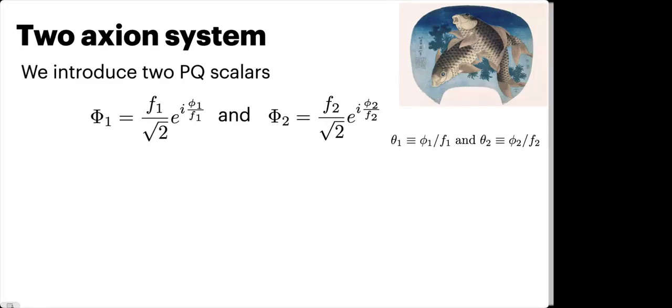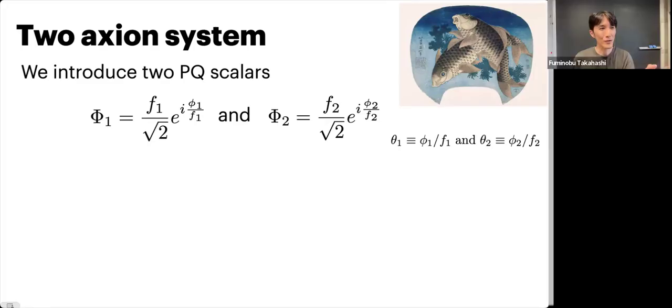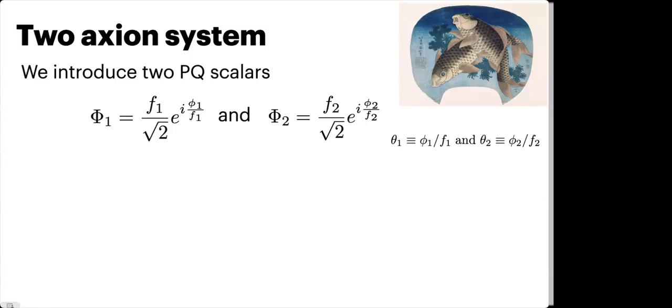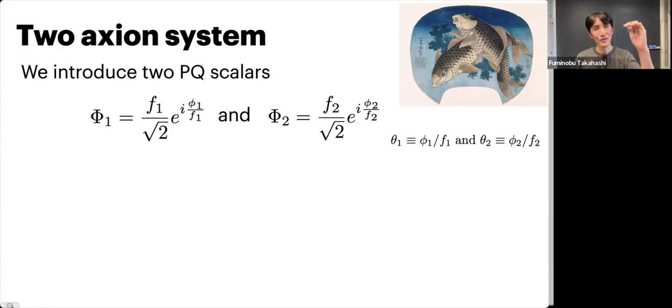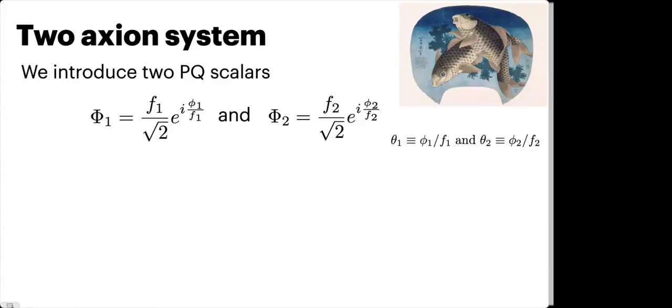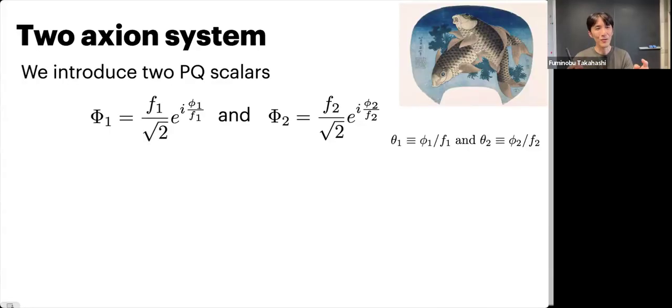You may consider simply two different scalars, phi1 and phi2. Or if you consider another UV completion, phi1 and phi2 may be unified into a larger representation. That is also possible.